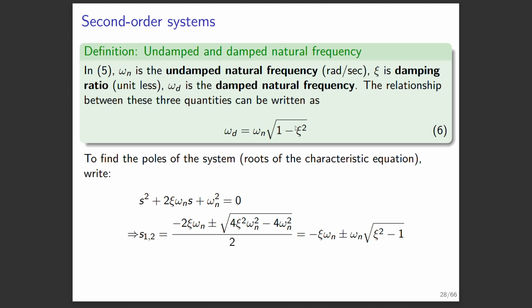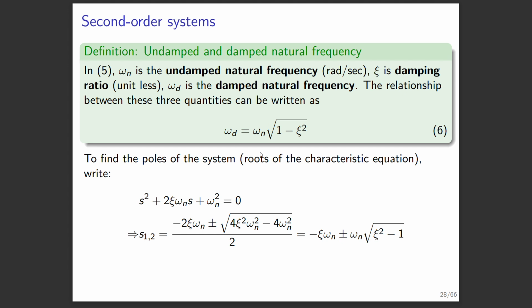If we combine them per equation 6, what results is omega d, or damped natural frequency. So what is undamped natural frequency? What is damped natural frequency? You have an equation and it has some damping. Undamped natural frequency is the frequency of oscillations of the system if you didn't have any damping.